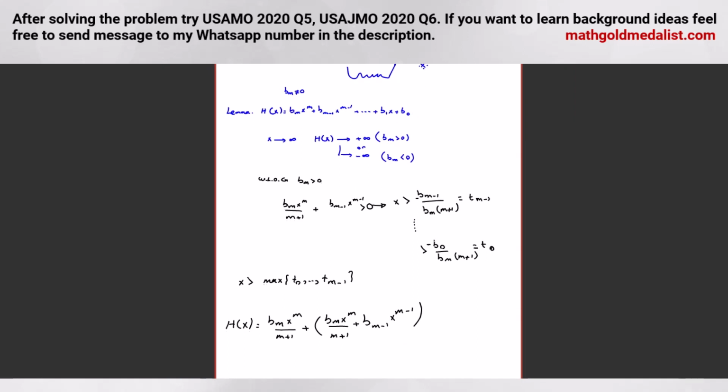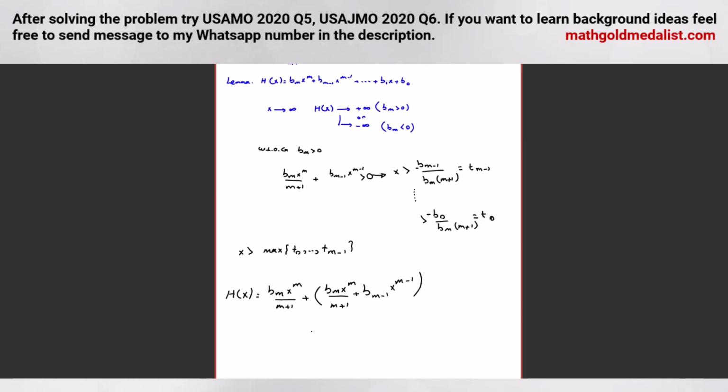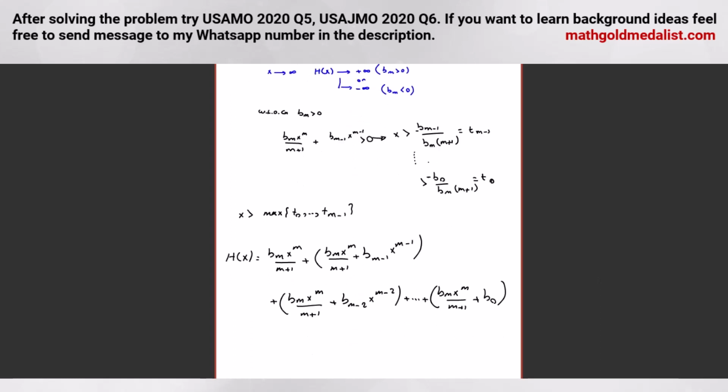So this one, a negative. Agreed? So if I write like this, it will be plus, again, bm xm over m plus 1 plus bm minus 2 xm minus 2, plus 2 bm xm over m plus 1 plus b0. Do you agree because of these conditions all of them are positive?